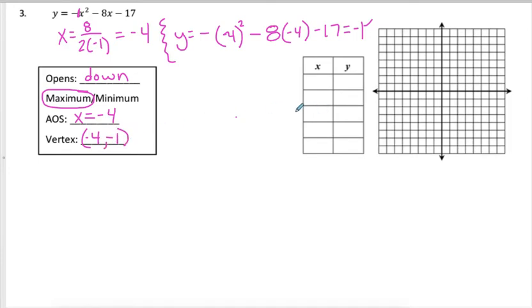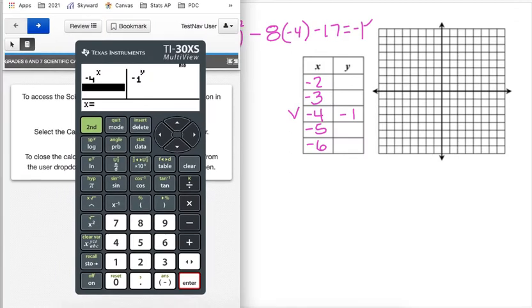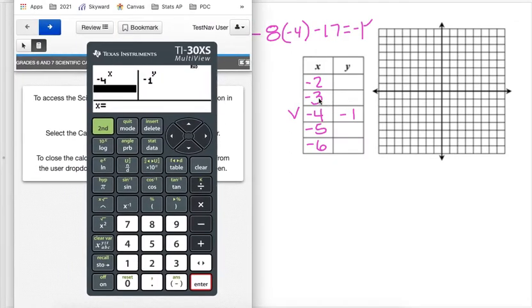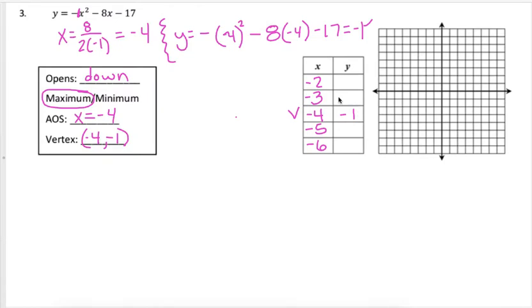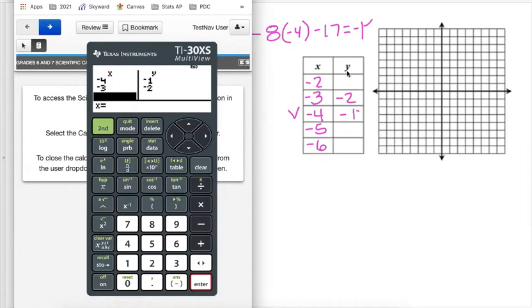All right, so my vertex, here's my -4, here's my -1. I'm going to go up -3, -2, and down -5, -6. And to generate that on my calculator, notice it's asking, what x do you want? Well, I'm going to tell it -3, and that's going to give me an answer of -2. And then I'm going to try again and say, what about -2?